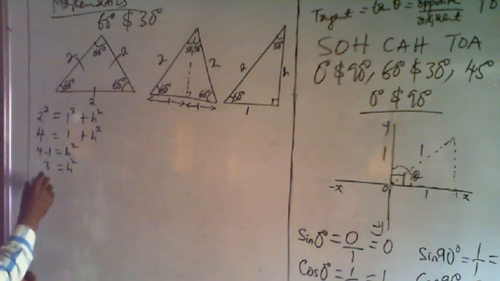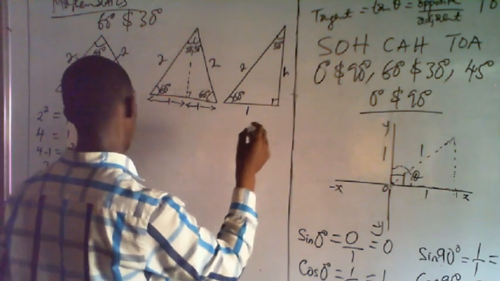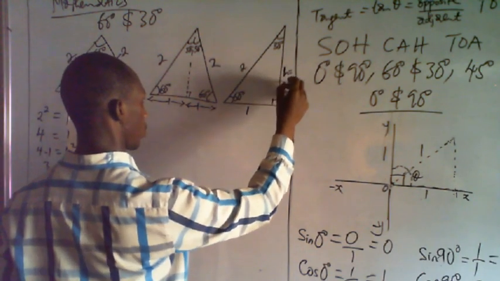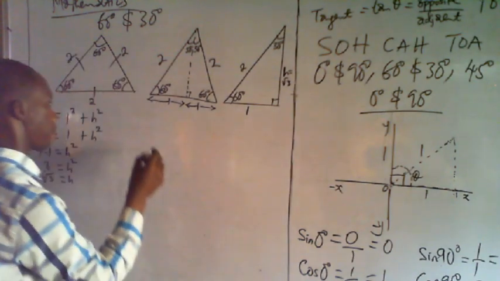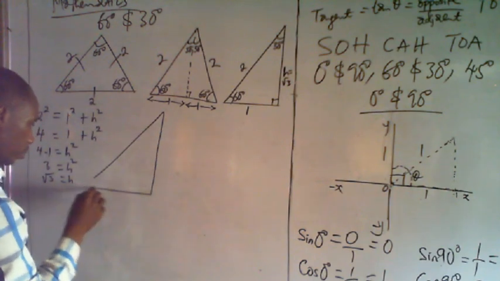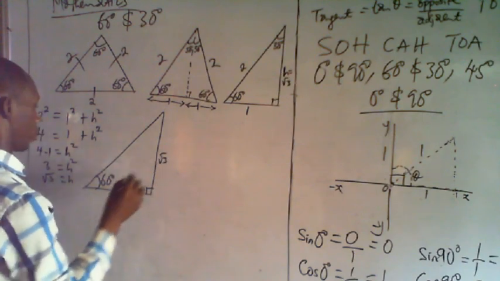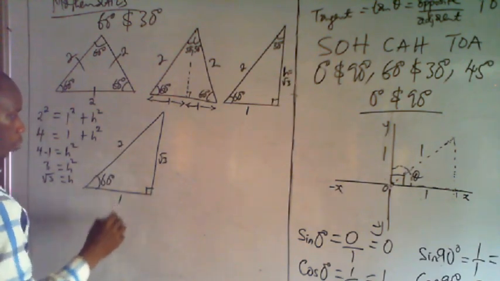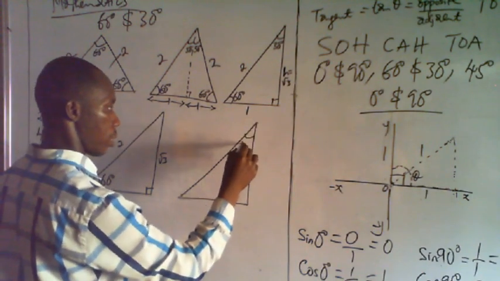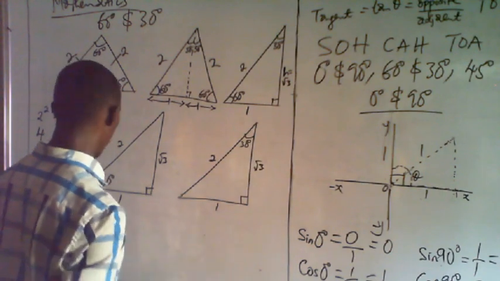Square root of both sides becomes the square root of 3 equals h, which is what we are looking for. So we now know that this side here becomes root 3. Now, having a triangle of this nature, 60 degrees, right angle, root 3, and here 2, 1, 30 degrees, right angle, 2, root 3, 1.